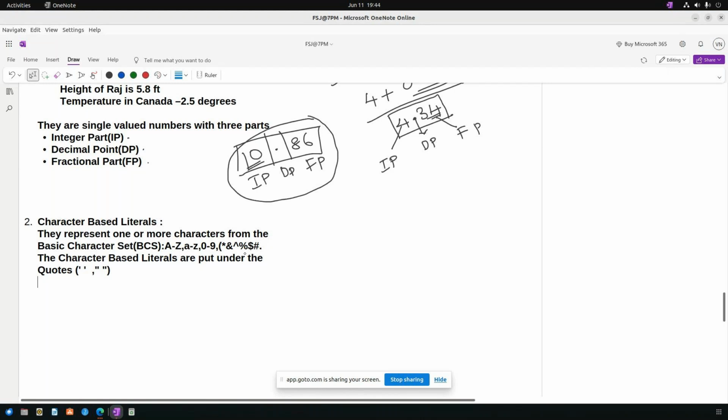So in Java, we have two types of character-based literals.